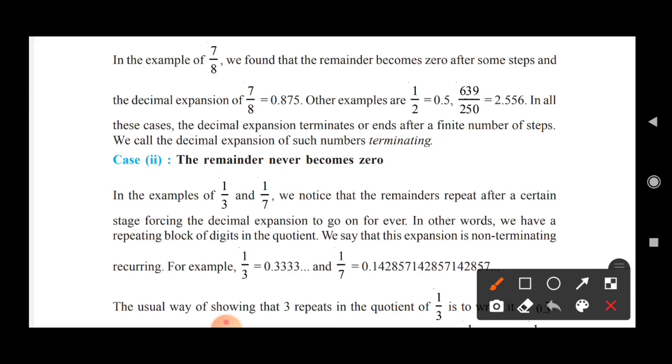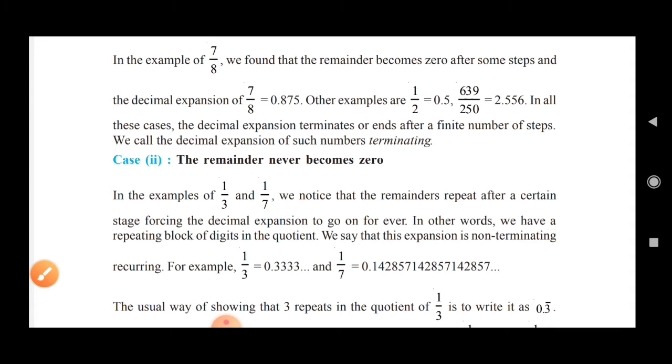We say that this expansion is non-terminating. This is another term you have to keep in mind. It means if you divide a number by another number and you are unable to get 0 as remainder, then the decimal expansion will be non-terminating.